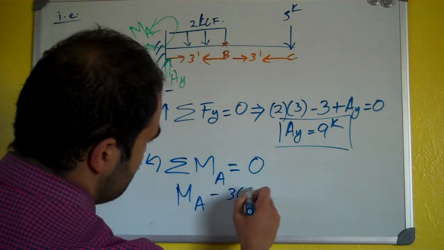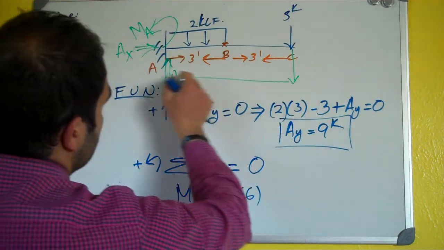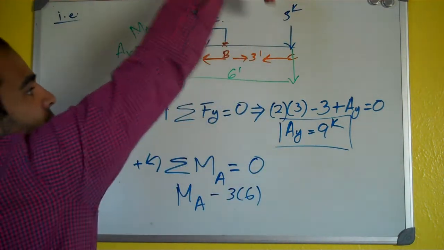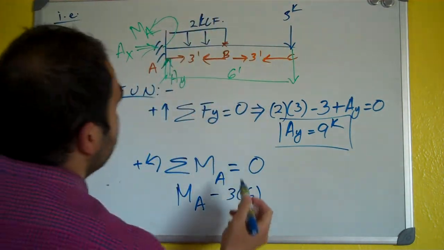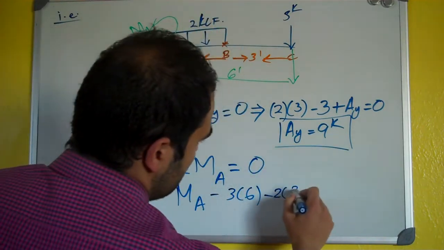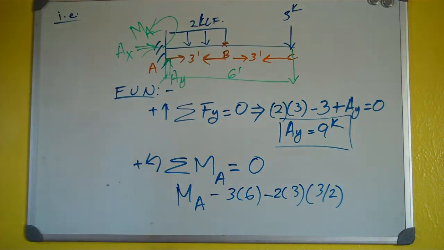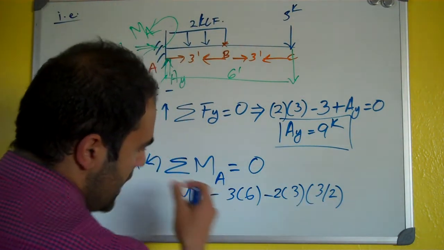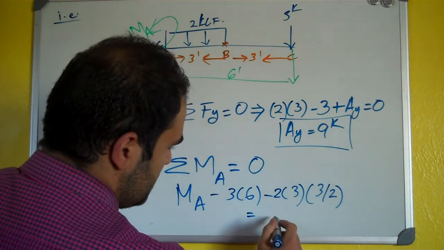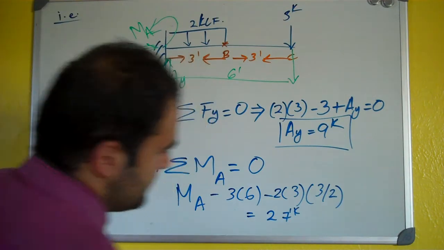Minus 3 times 6, 3 times the entire length, which is 6 feet, going clockwise. And then minus 2 times 3 over 2. So that is 6, 9, nope, 18, that's 27. Let's do that one more time. The 2 cancels out, 9, 27 kip feet.